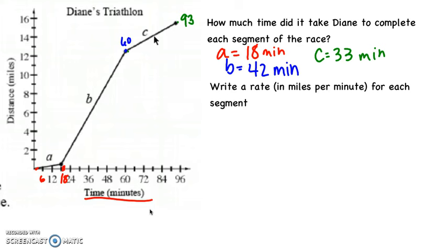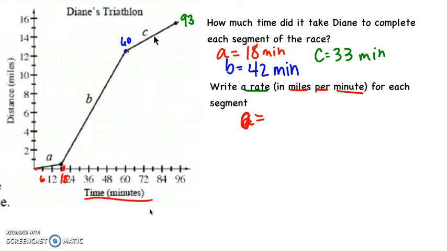So now that I have found how much time it takes per segment, and on the previous slide I found out the distance per segment, I can now write a rate in miles per 1 minute. So let's start with A. They want miles first over minutes.